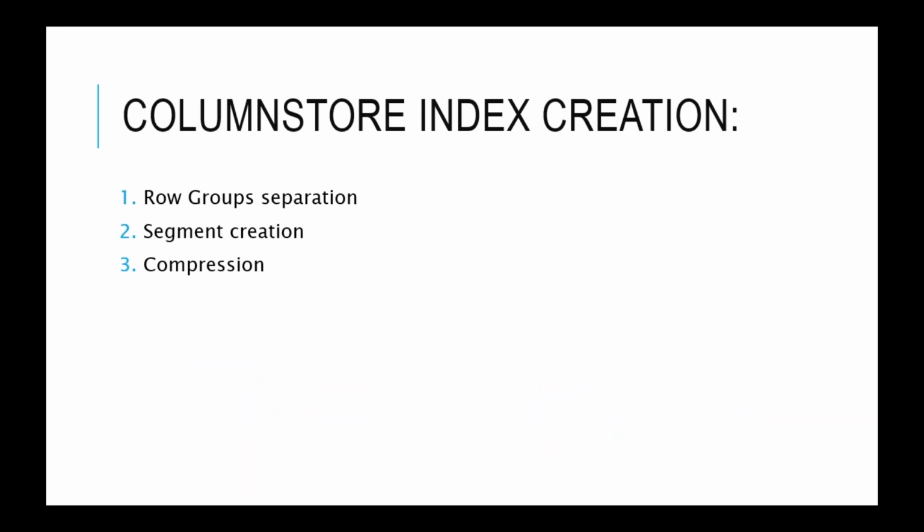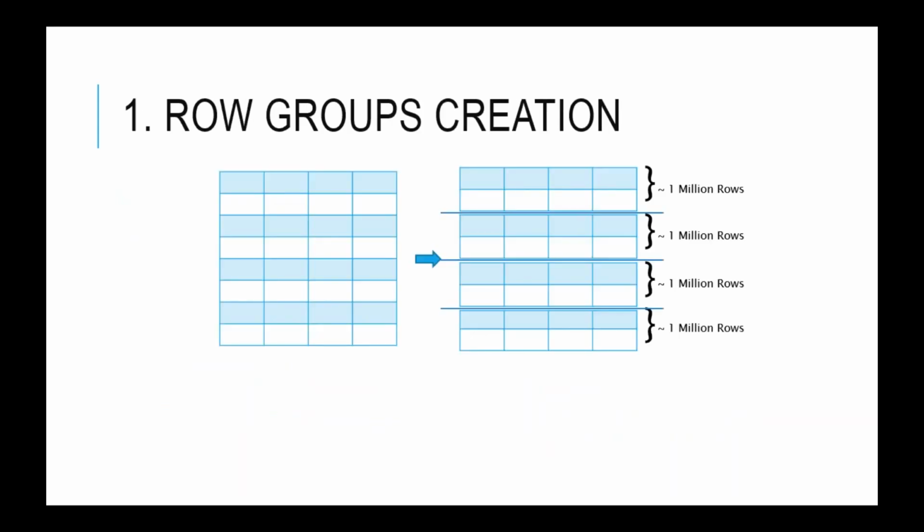So what happens when we create a column store index? We do the row group separation, we create the segments, and we do the compression. So imagine the same 4 columns table with around 4 million rows. One of the first things that the index creation process will do, after it finished with the global dictionary building and the sampling, is create those row groups.